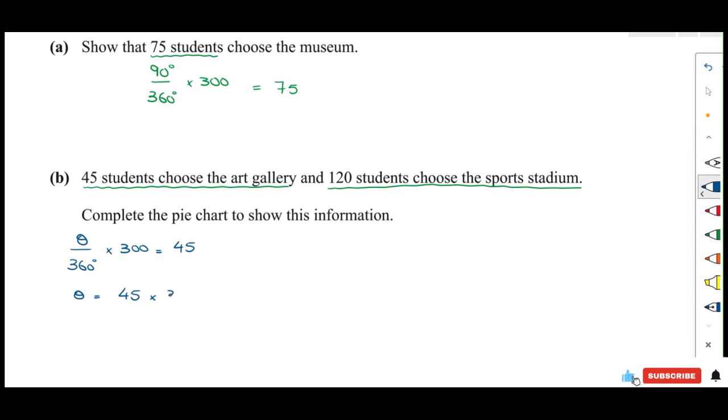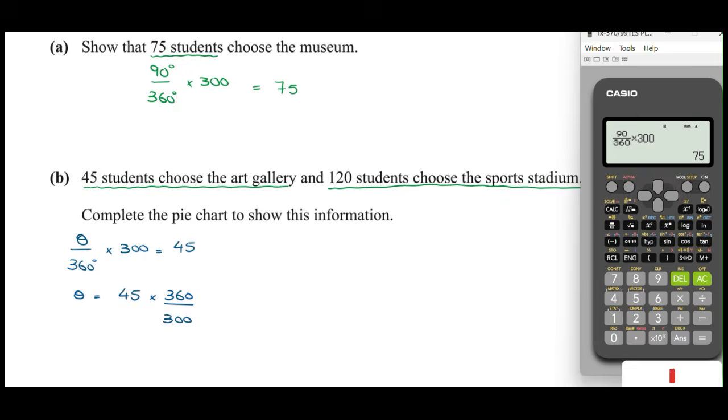We can cross multiply: 45 multiplied by 360, divided by 300. Now you can easily figure out that angle. So we can say 45 multiplied by 360 divided by 300.